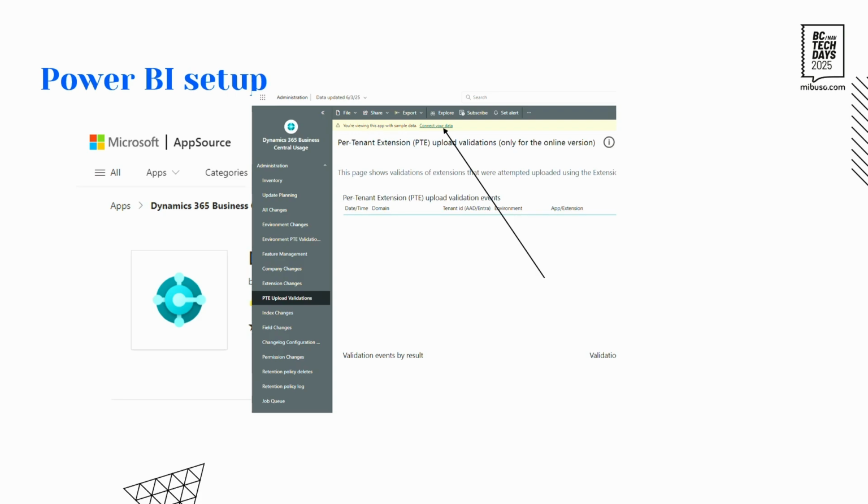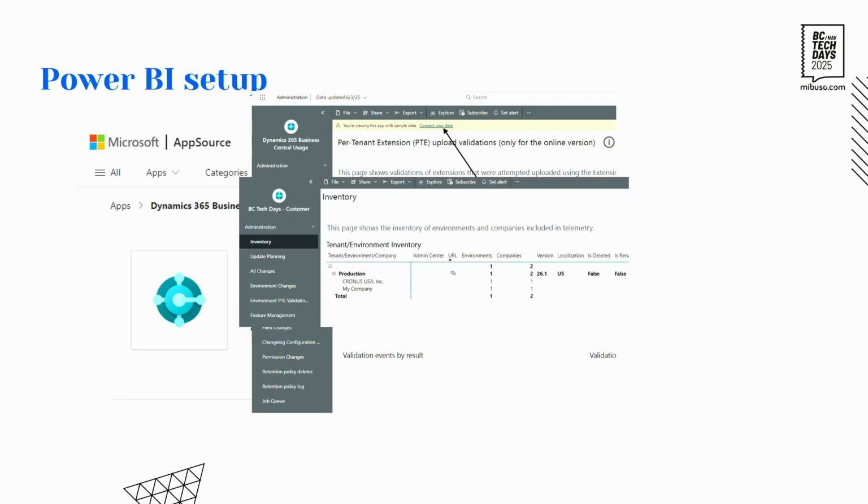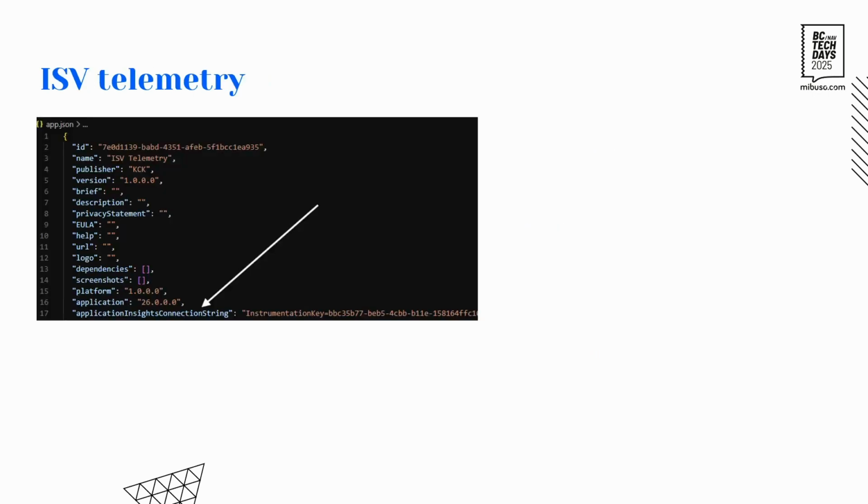See what report you actually have out of the box. Then click this link and then authenticate with your own App Insights resource, and then you're actually running. This is just a new customer, new environment, and I enabled it for that one. So if you do it for telemetry, for your extensions, you put in the App Insights connection string in your extension, and then it logs all of the usage of your extension to this connection string here.